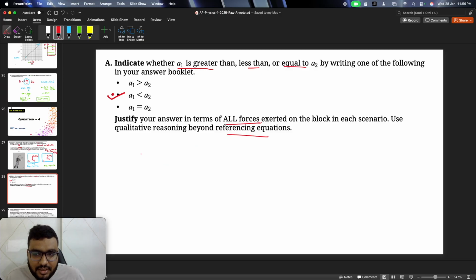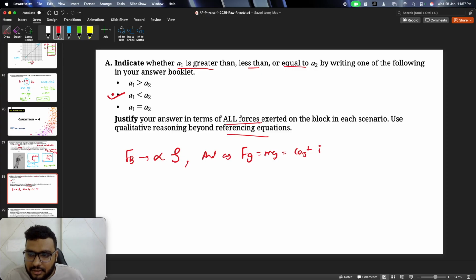We can only say that the buoyant force is directly proportional to the density, and the downward force, which is the gravity force, is constant in both cases, so it only depends on the upward force. So if there is more buoyant force, the acceleration is going to be more.